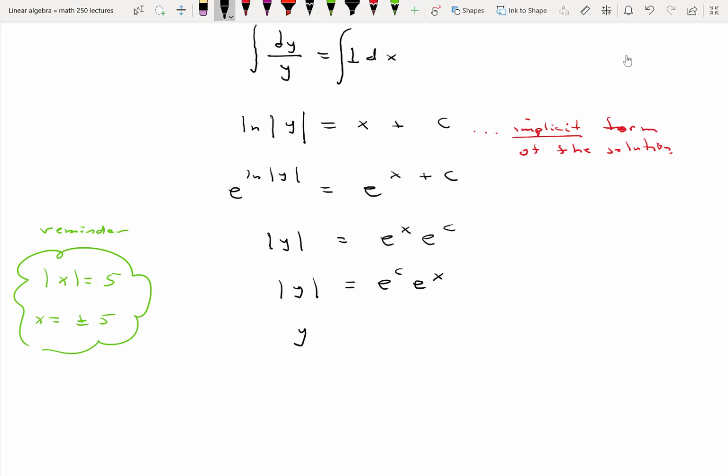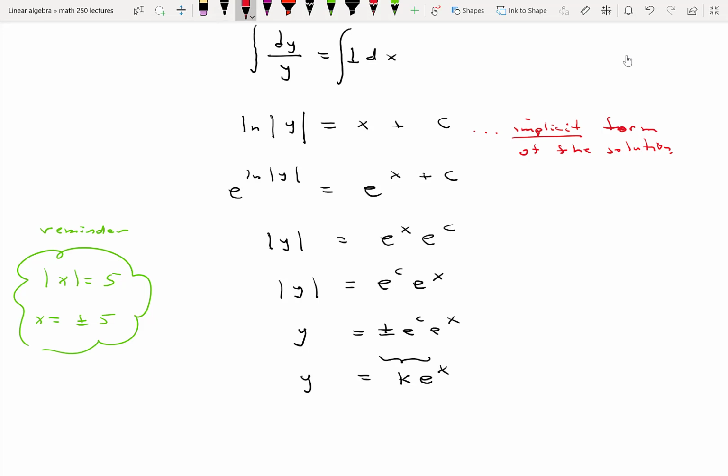So if the absolute value of something equals a positive quantity, and e to the c times e to the x is positive no matter what you choose for c or x, then y must be plus or minus e to the c times e to the x. Now we can replace the plus or minus e to the c with a single constant k, or anything other than c. y equals k e to the x, and that's the general solution.